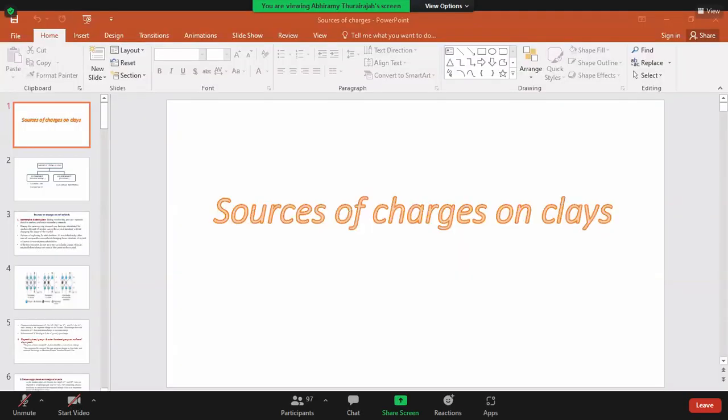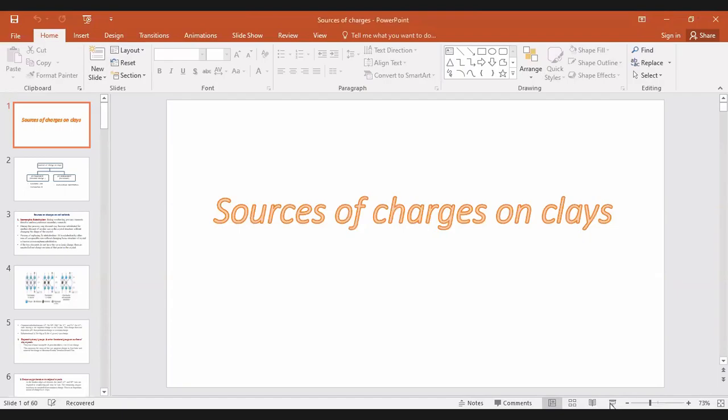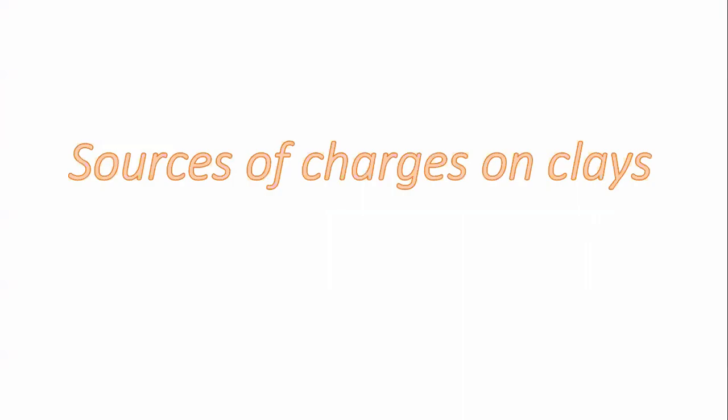So far we discussed the properties, what the tetrahedron and octahedron sheets are. Based on that we are going to discuss the charges. What are the sources of charges in this place?